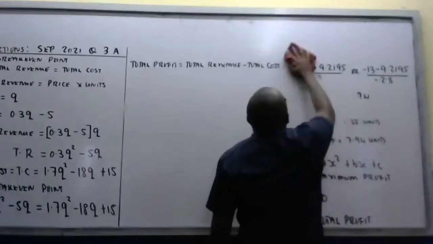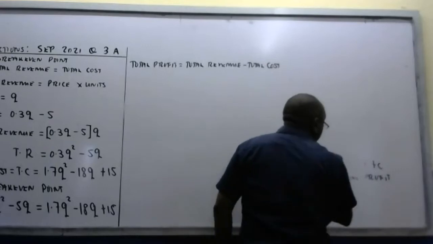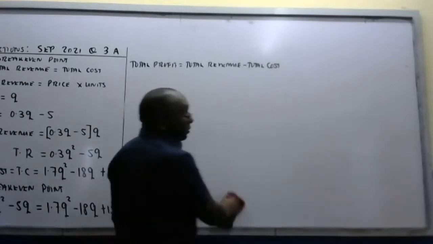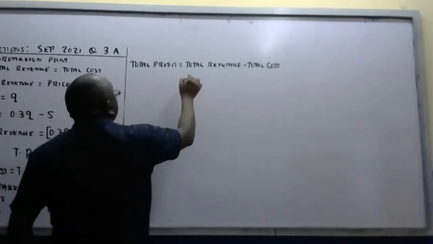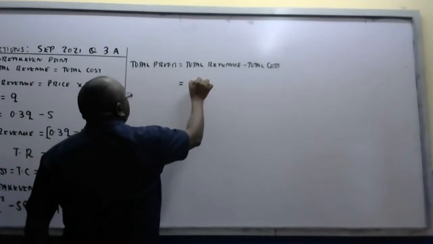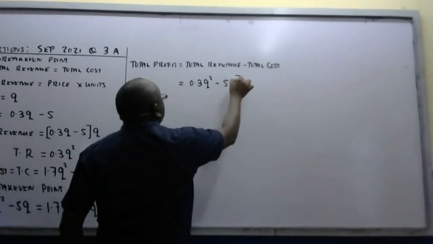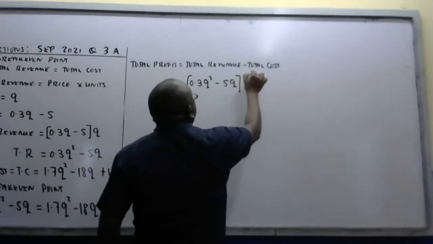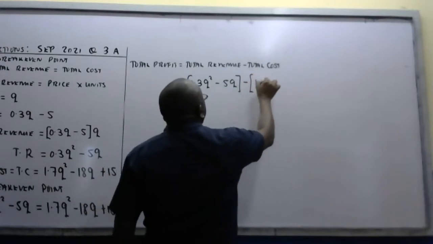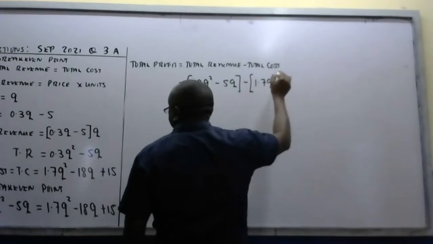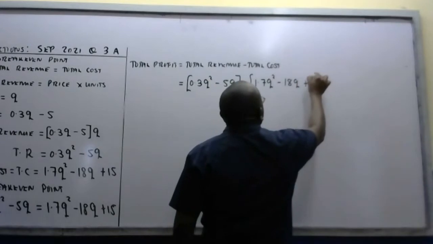From our other workings, we already have the equation for total revenue, which is 0.3 q squared minus 5q. So we minus the total costs, which is 1.7 q squared minus 18q plus 15.